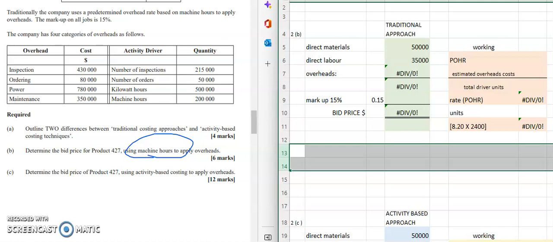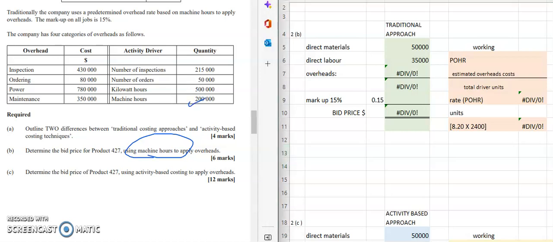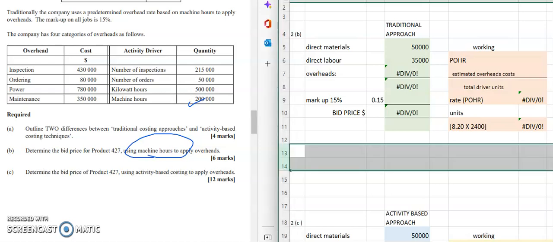And that basically is simply the total estimated overhead cost divided by the total units assigned to that driver. So when I look here, I see that the machine hours which they're asking us to use is 200,000 machine hours. So I'm going to put that over here on my little formula.